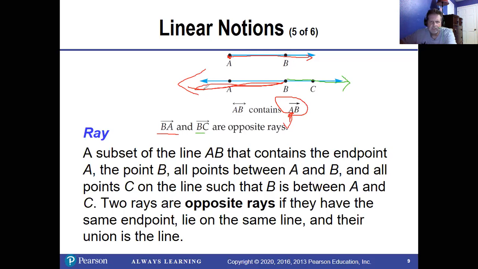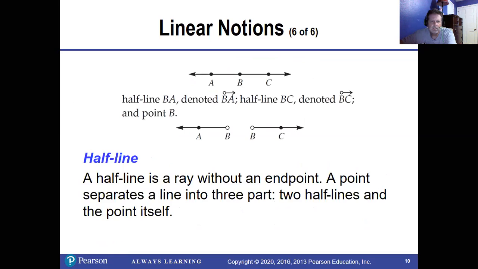These are opposite rays because they share the same endpoint. If we look at the endpoint, here is B. They share that same point. As long as they share that same point, you will have opposite rays. They go in opposite directions.